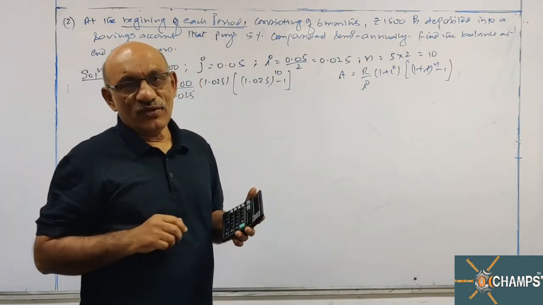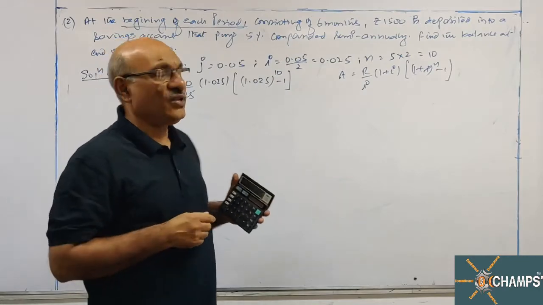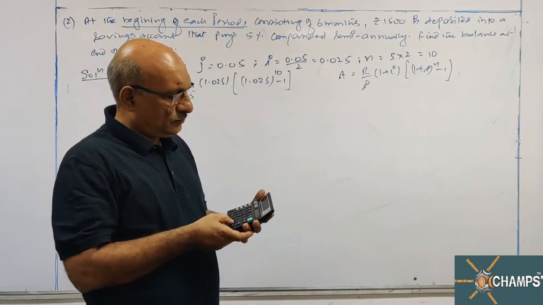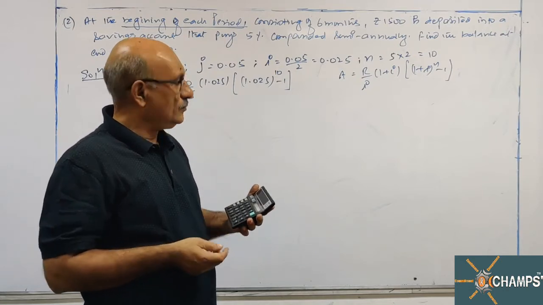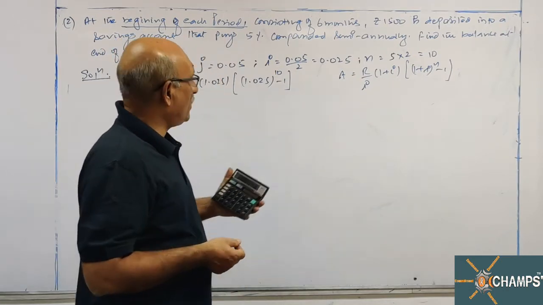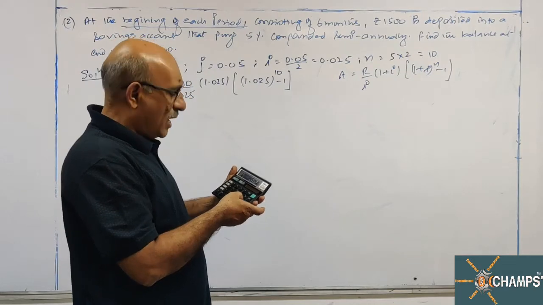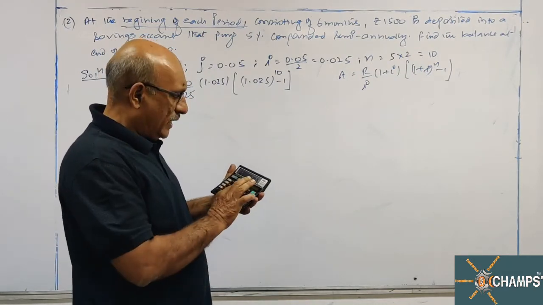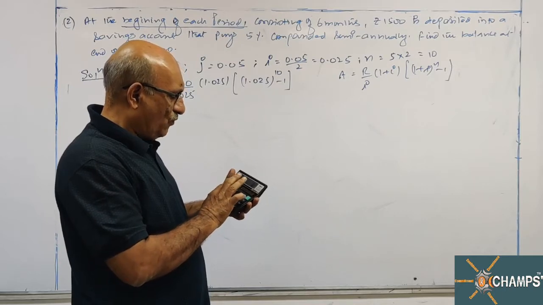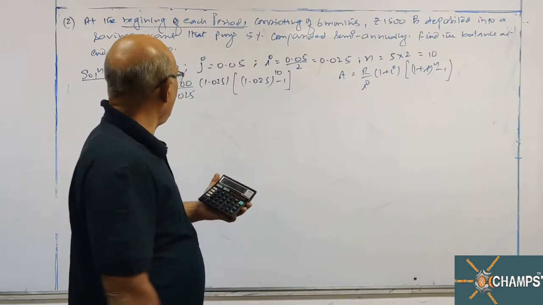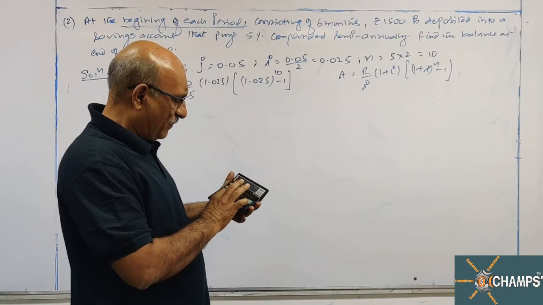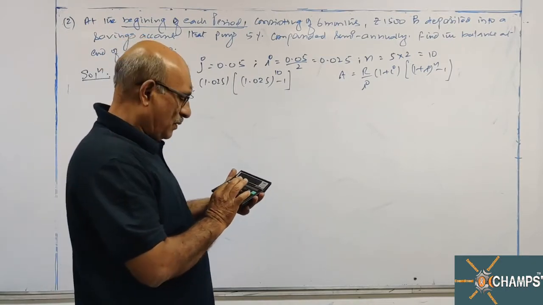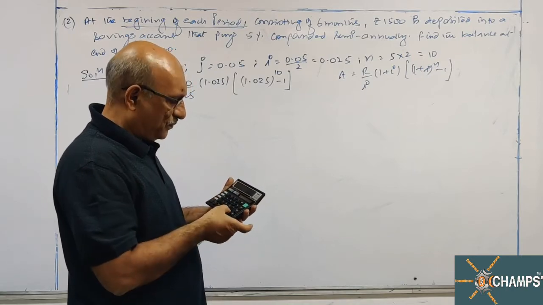You have to press the equal sign till the left hand side corner number becomes 11. So the value is obtained. From this you have to subtract 1, into 1.025, again multiplied with 1500, divided by 0.025.